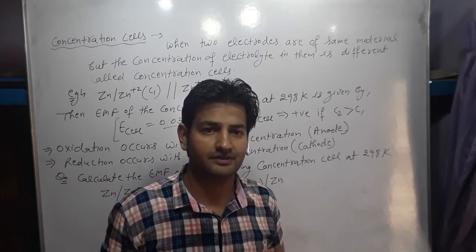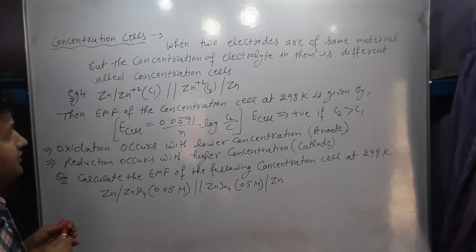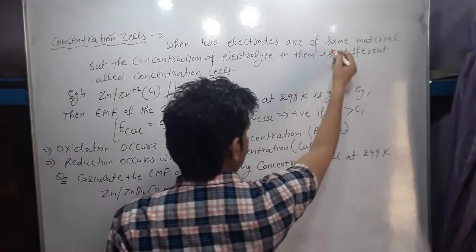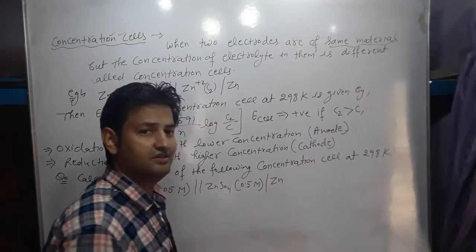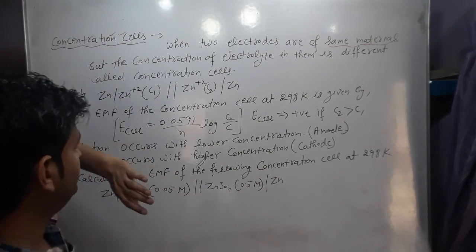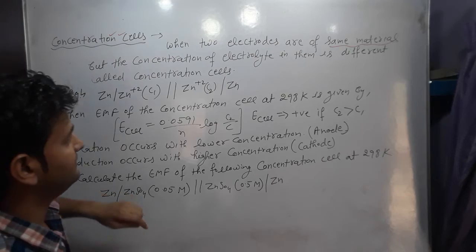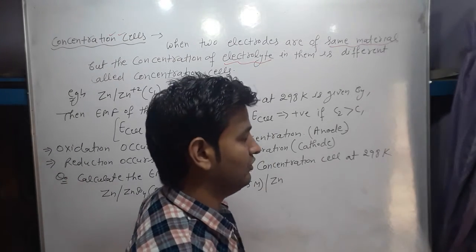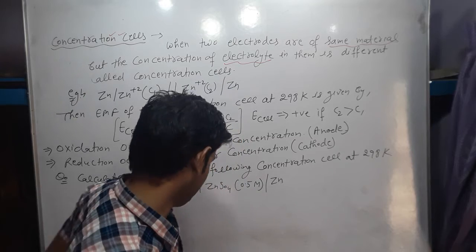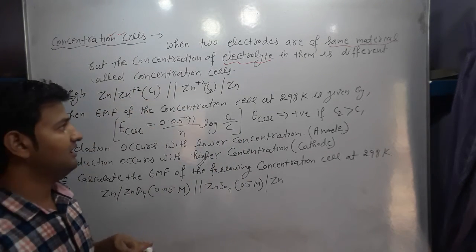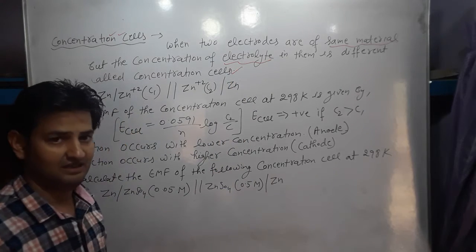So the next topic is concentration cells. What are concentration cells? Let's start. When two electrodes are made of the same material, such as zinc, copper or iron, but the concentration of the electrolyte, the solution in which they are dipped, is different, they are called a concentration cell.